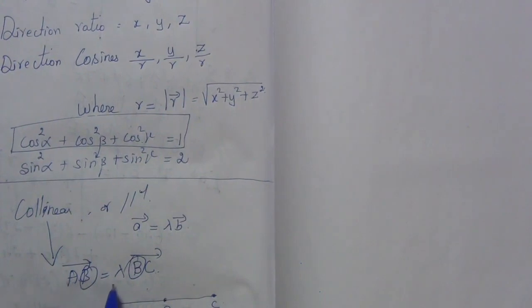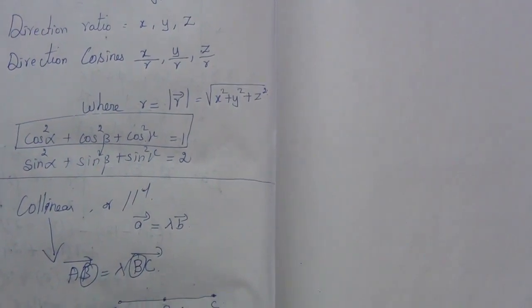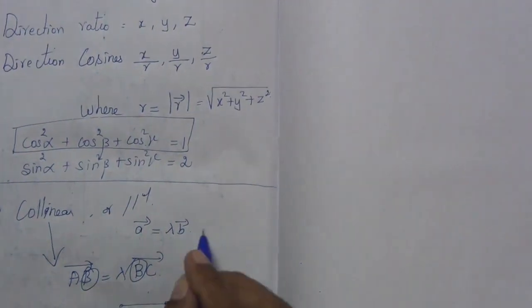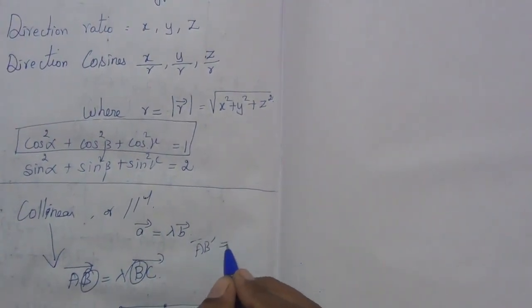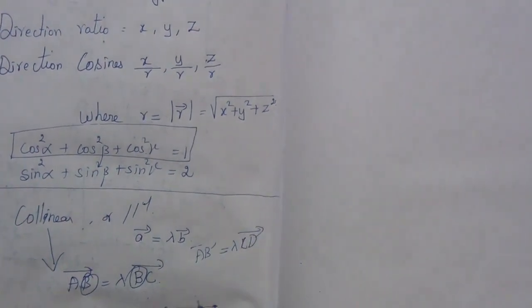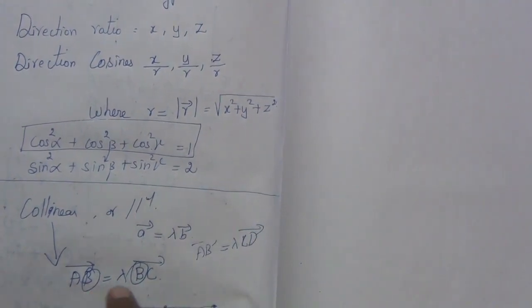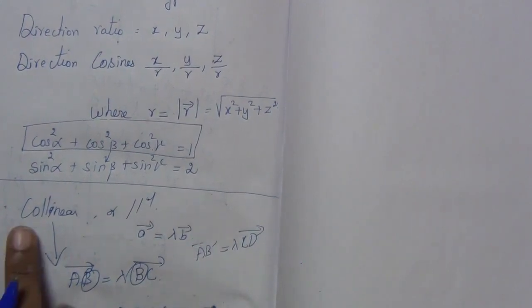That's why AB equal to lambda BC means we will say A, B and C lie on a line, that is collinear. For parallel, it is the same thing but with different vectors, that is AB vector is equal to some lambda into CD vector. We may not get BC or AC. If you are getting AB equal to BC or AB equal to AC, it will be collinear.